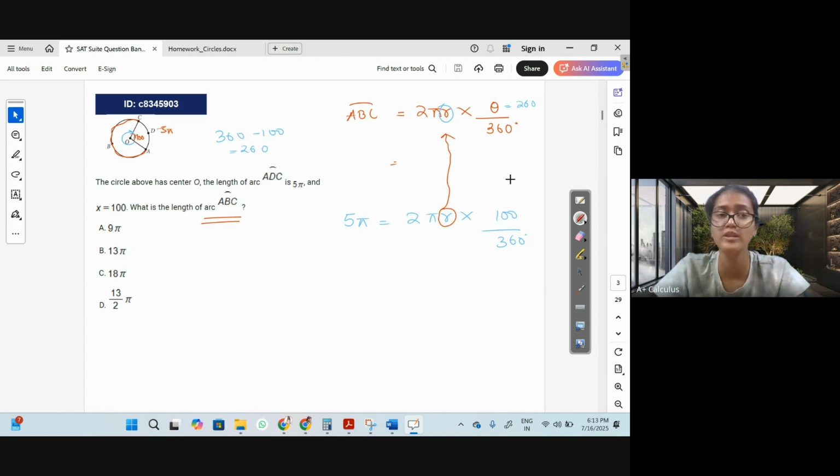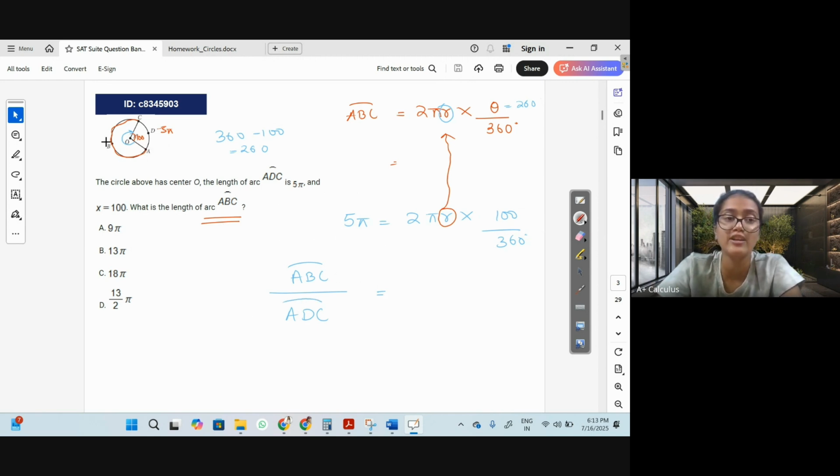The smarter way is to first know that the ratio of lengths of any two arcs is the same as the ratio of the central angles. So the ratio of the length of arc ABC to the length of arc ADC will be the same as the ratio of their central angles.